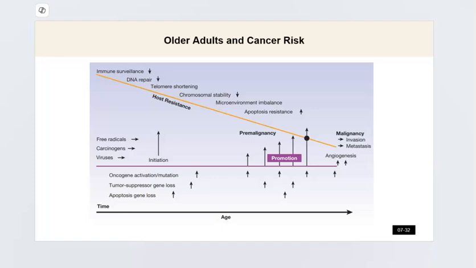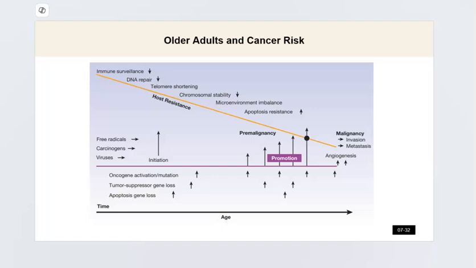This one here is a good illustration of what we're trying to say. There are multiple sporadic DNA damaging exposures, so we're thinking free radicals, carcinogens, or the viruses, and these will lead to altered expression of our oncogenes, tumor suppressor genes, and our apoptosis genes.